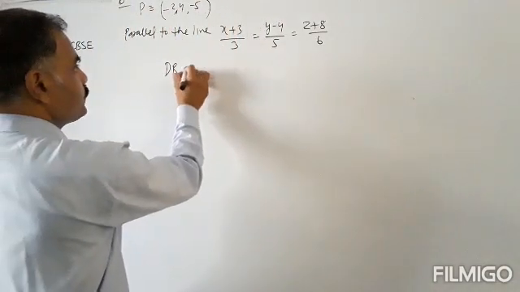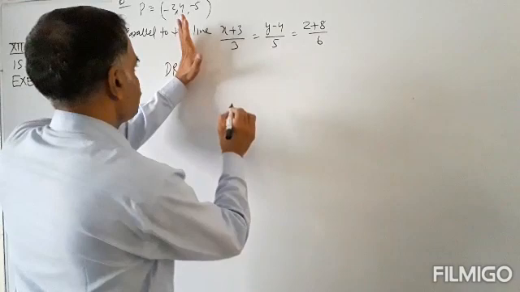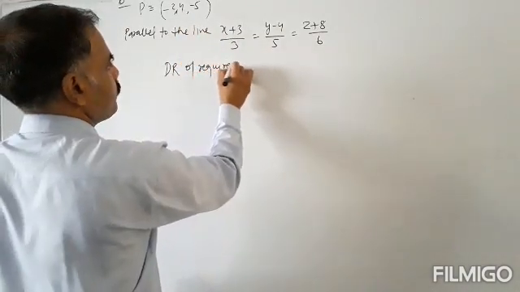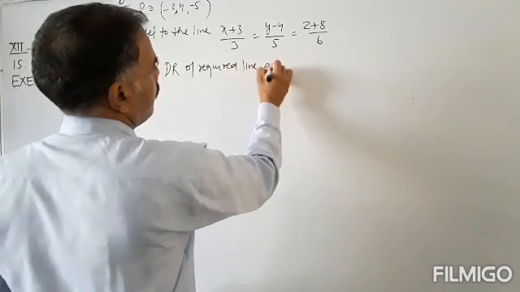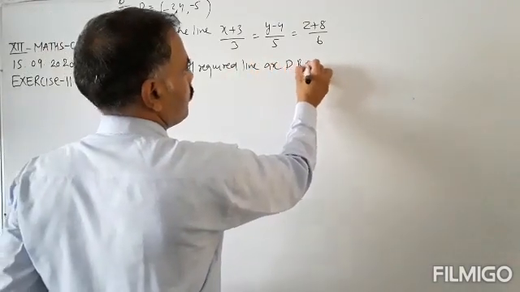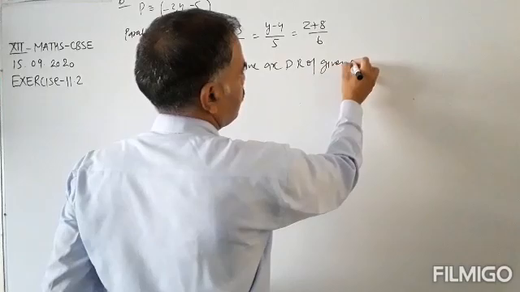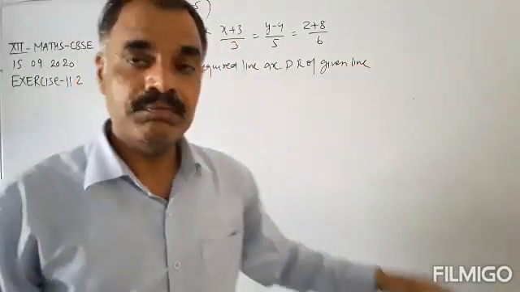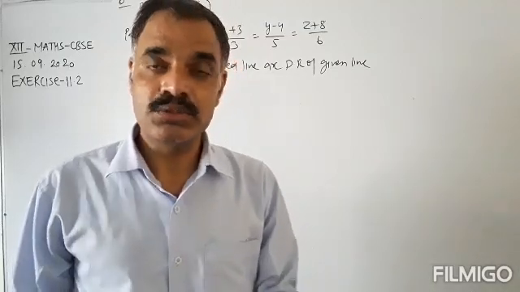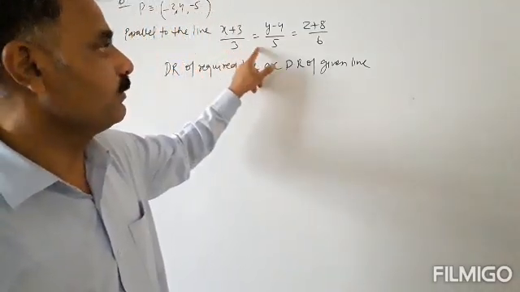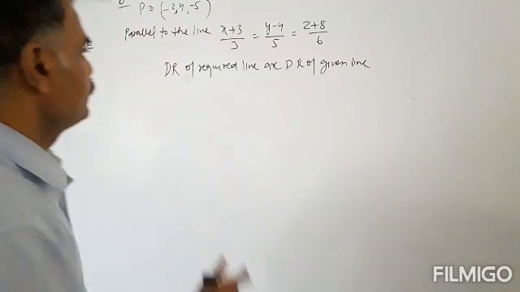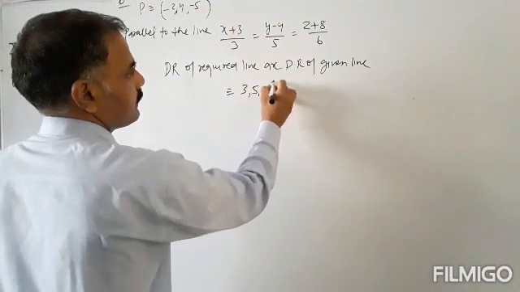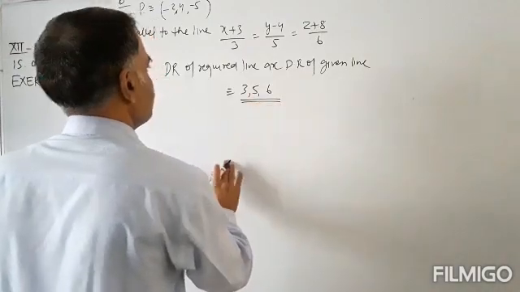The direction ratios of the required line are the direction ratios of the given line, so they are 3, 5 and 6.